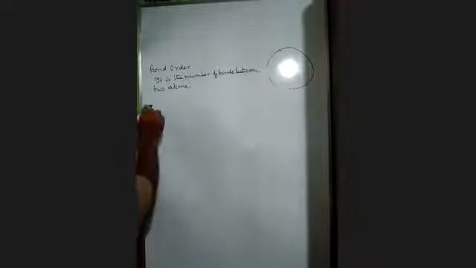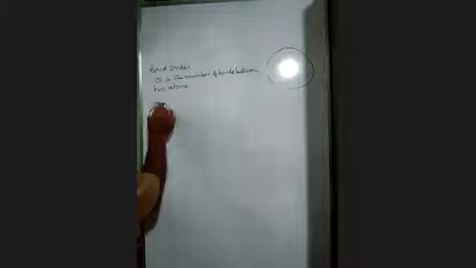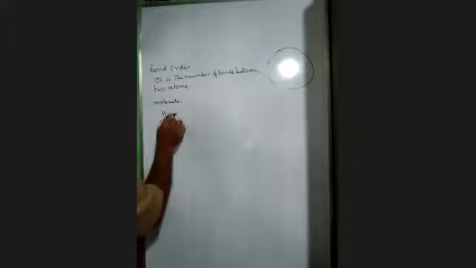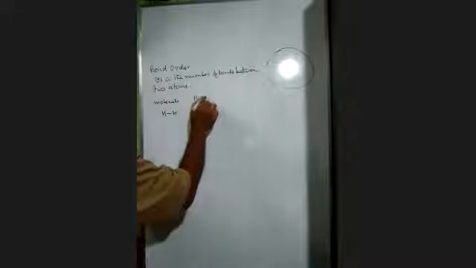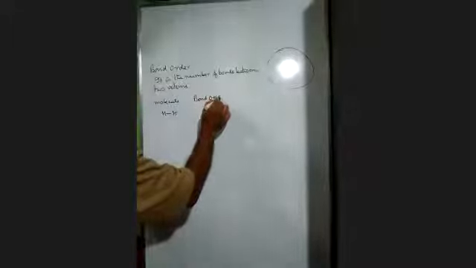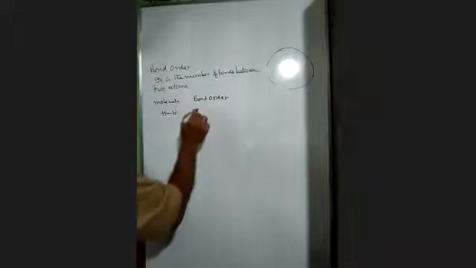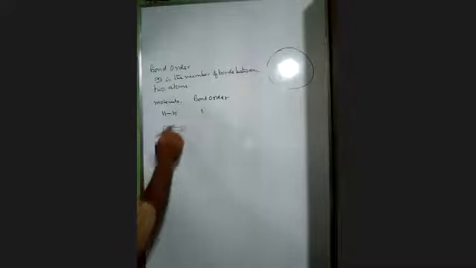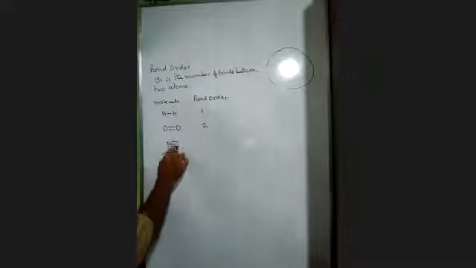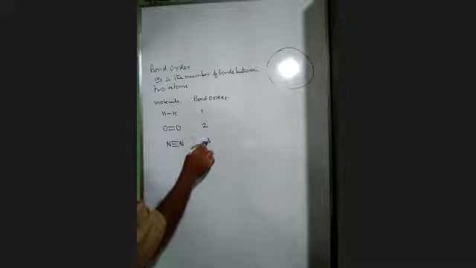So let me write down here. Molecule hydrogen. What is the bond order here? 1. Then oxygen. Bond order is 2. Then nitrogen. Bond order is 3.